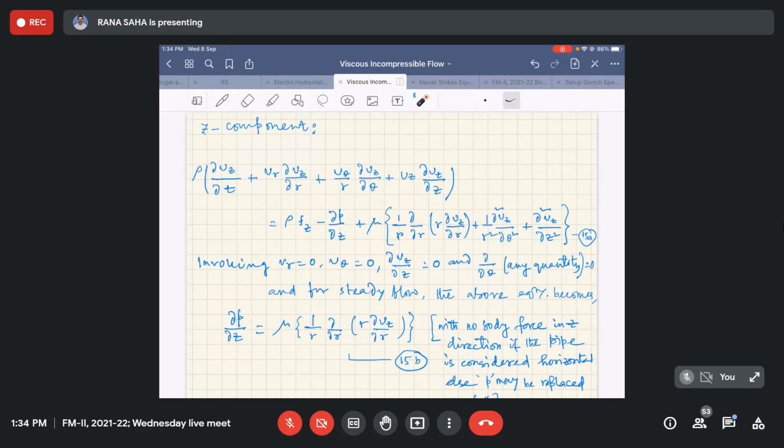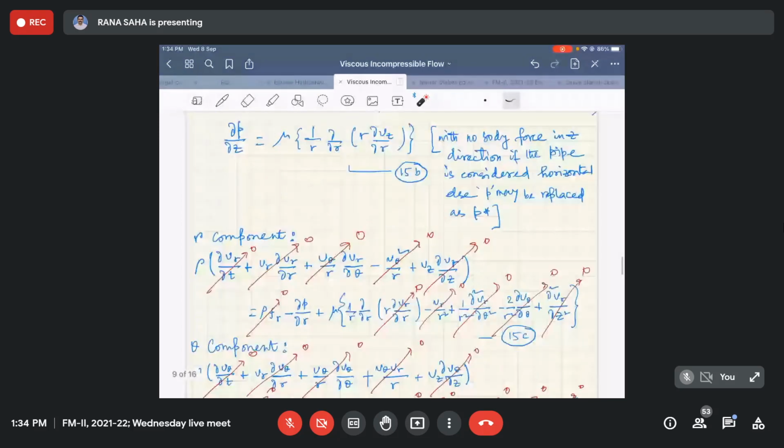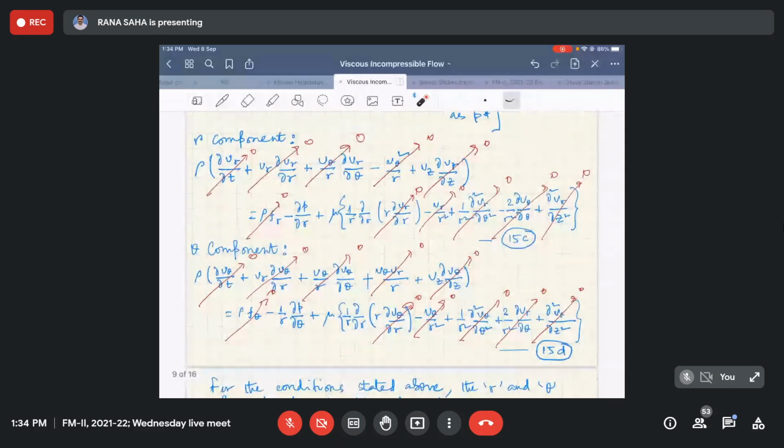In a similar manner, if you do the treatment with the other two directions, that is the R component and theta component of these Navier-Stokes equations, you can see that apart from del P del R and 1 by R del P del theta, everything cancels out as 0 because of different reasons.